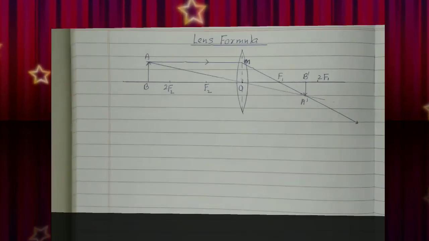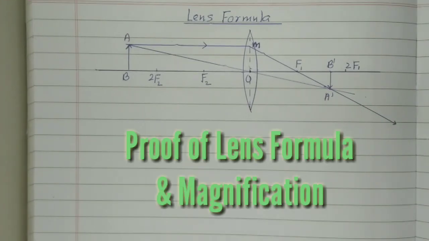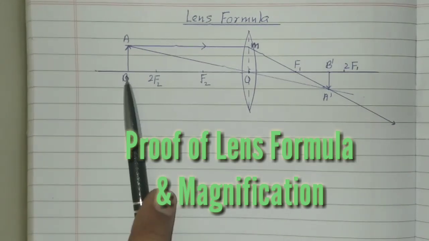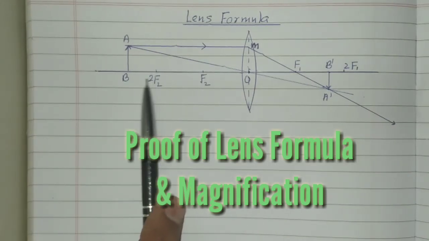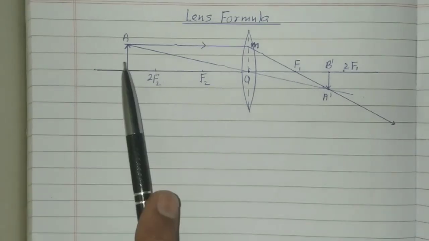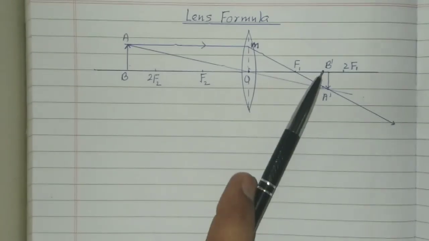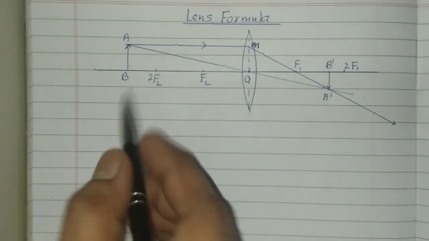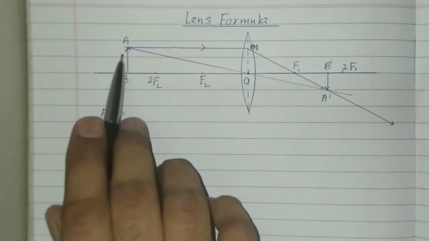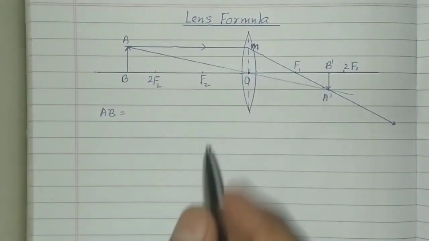Now I will give you the proof of the lens formula. For this we will make the ray diagram in which the object is placed beyond 2f2 and image is formed between f1 and 2f1. Okay, so here AB is the object and A dash B dash is its image. So AB, you can see AB is equal to MO.